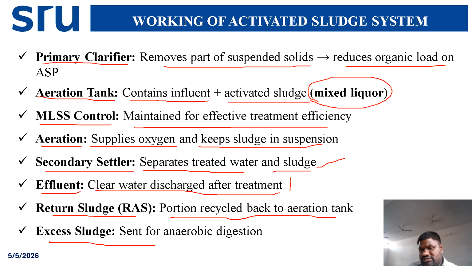If they are taking this food, then the yield will also increase, meaning the growth of bacteria will increase. So as microorganism growth increases, the BOD concentration will be reduced. Why do we need to send the settled sludge again to the aeration tank? It is to maintain the microorganism growth as well as the food concentration in a balanced way. Then only will the BOD concentration be reduced in the reactor.